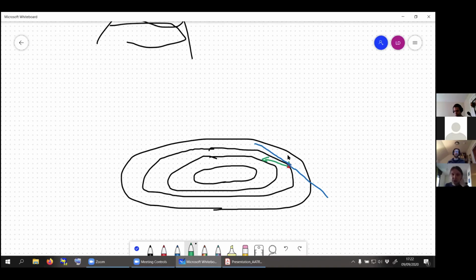If it goes outside, project this direction onto this tangent space. So what you're actually doing is projecting this direction onto this half space here. And this gives you a vector field. The idea is basically that you go along this vector field to get to the manifold.